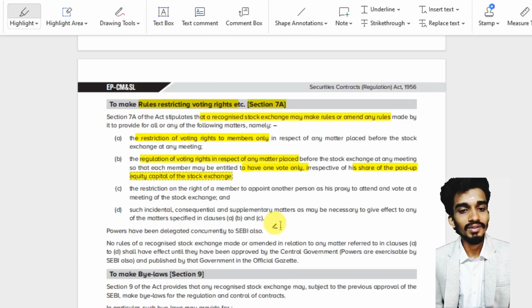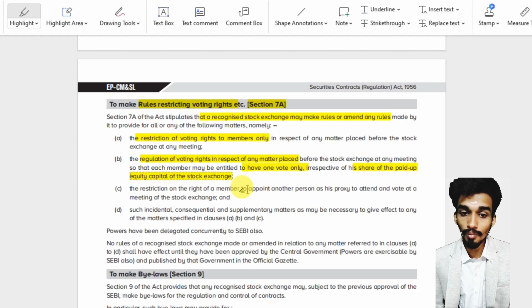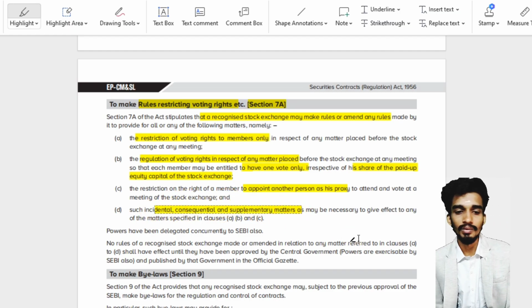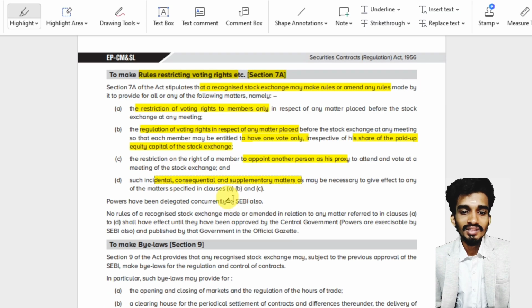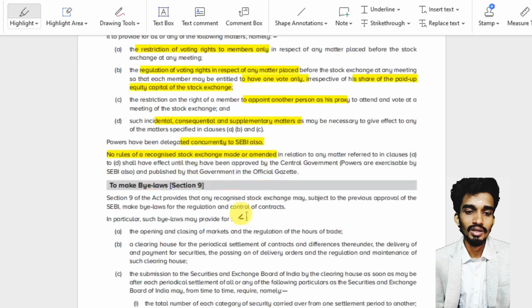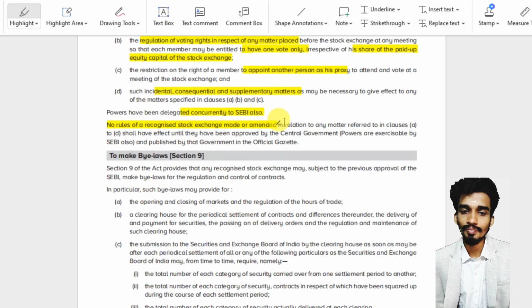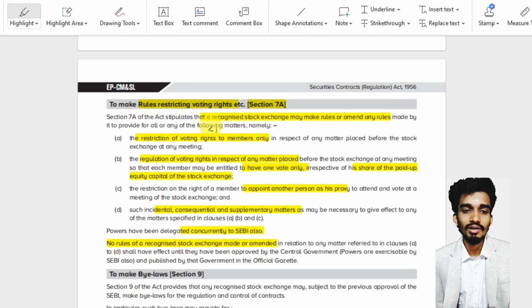Likewise, they can make restrictions to appoint any persons, or for expulsion, or to admit any person as a proxy, and such consequential supplementary matters connected therewith. These powers are concurrently delegated to SEBI. So that is all about Section 7A: the stock exchange itself can make restrictions on voting rights.